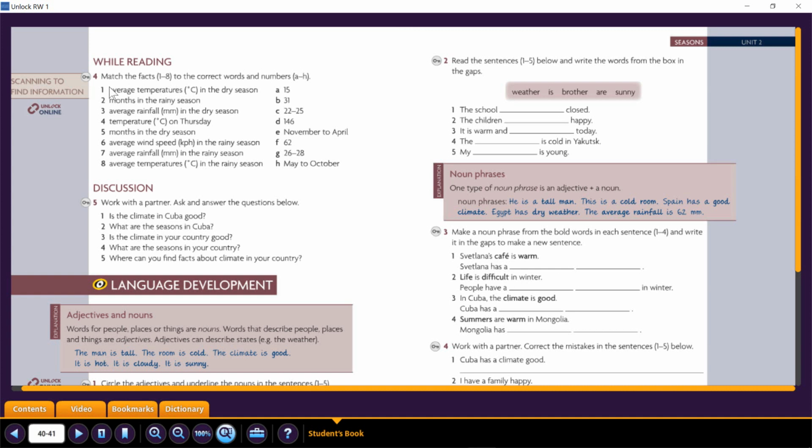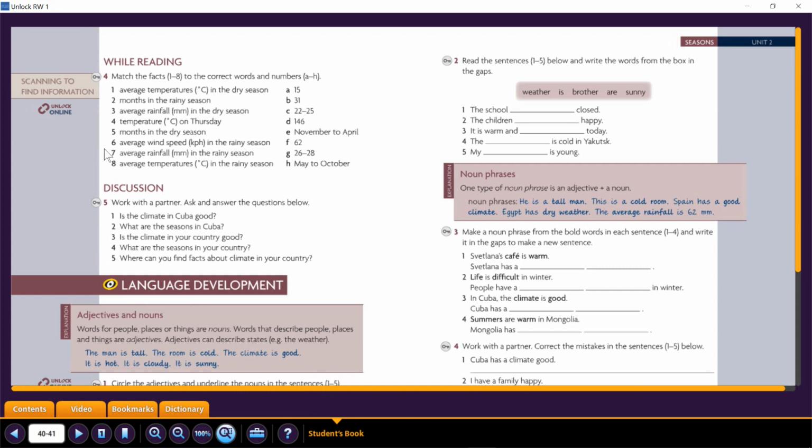Match the facts 1 to 8 to the correct words and numbers A to H. This will be your second task for today, ladies. You need to read carefully to scan the text to find those specific information as well as to write the correct answers.